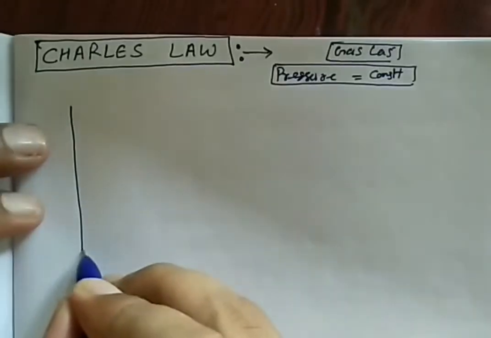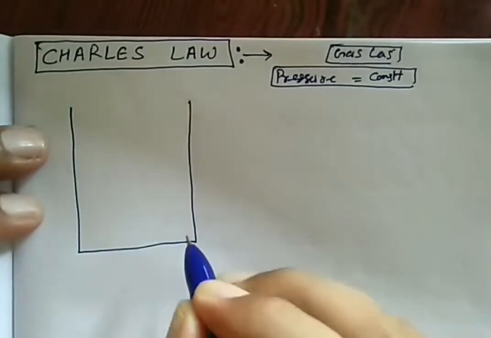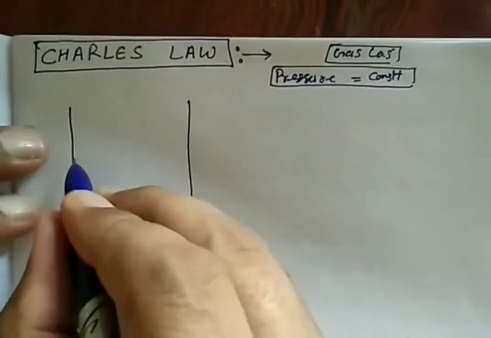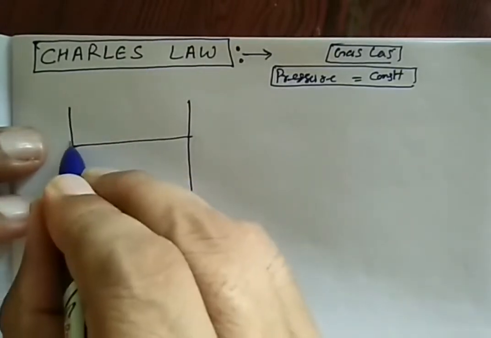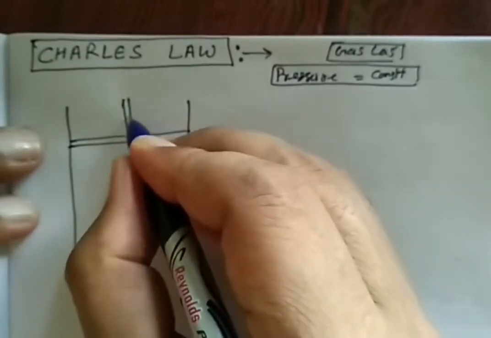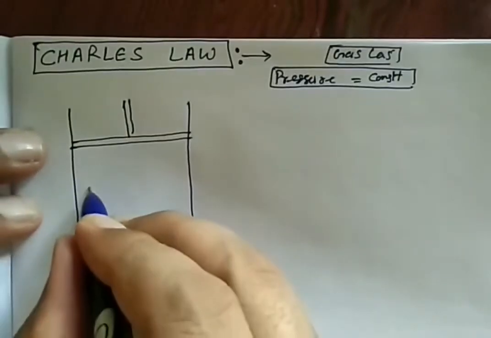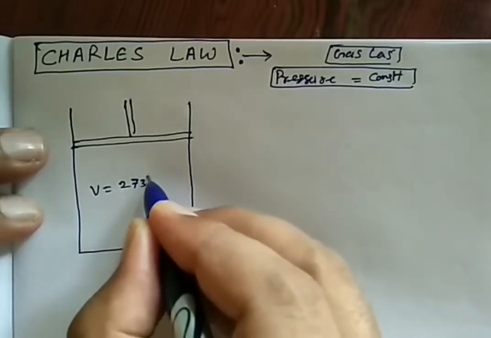Here in a vessel, a gas is filled. The volume of the gas filled in it is 273 ml.